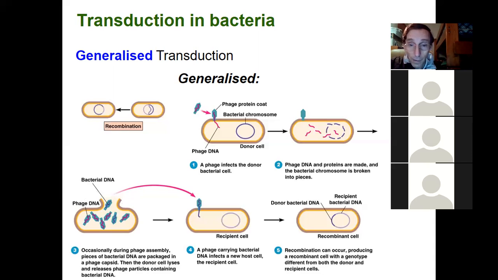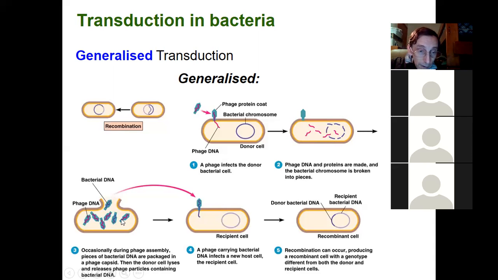Transduction occurs when a mistake gets made. Viruses make so many copies of themselves, they're not worried if a mistake is made. As you can see, the viral DNA is reddish. The bacterial DNA that's cut up is bluish or purplish.